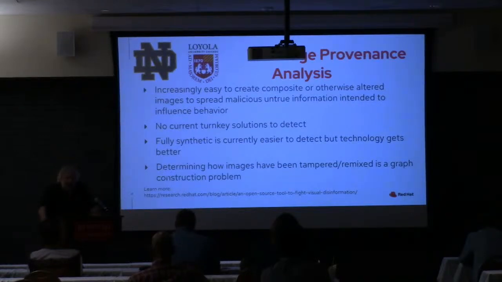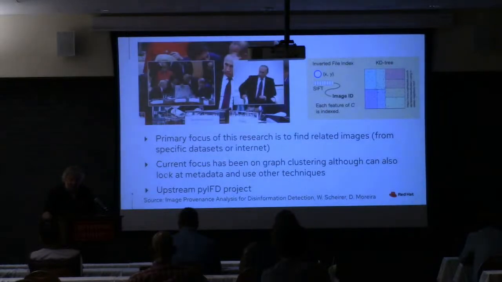Basically, determining how images have been tampered with and remixed is essentially a graph construction problem. What has been the progression of this image over time, based on comparing various other imagery that's out there?